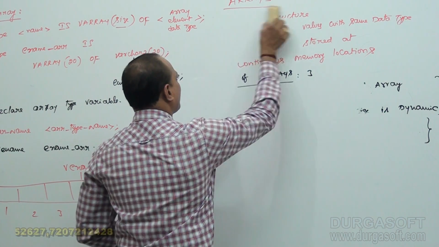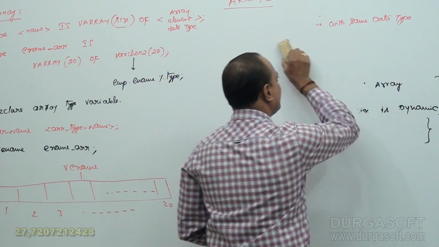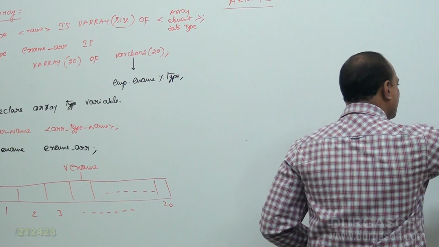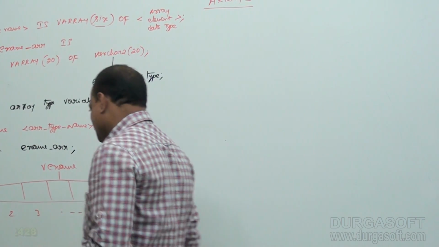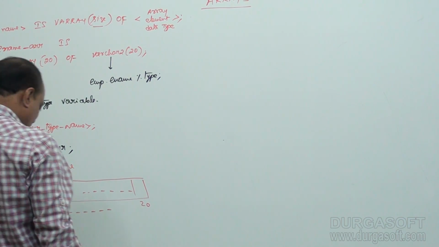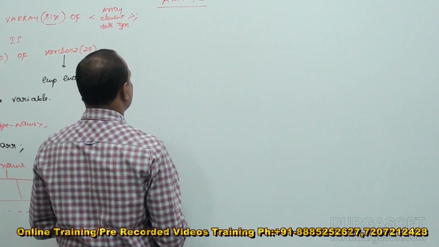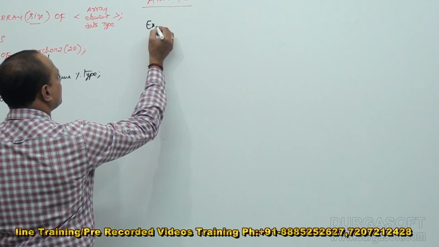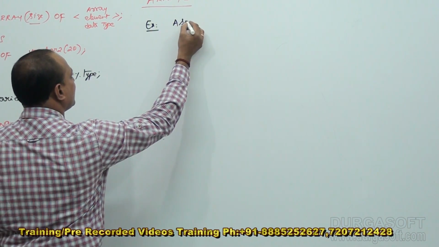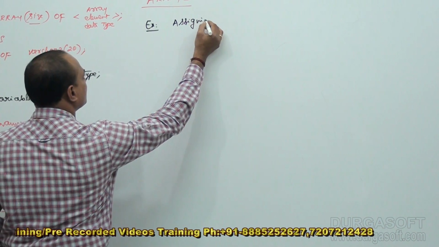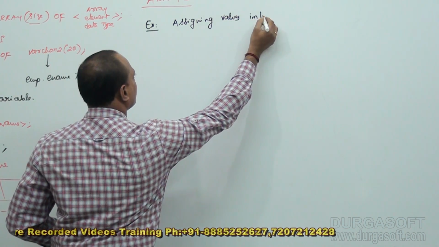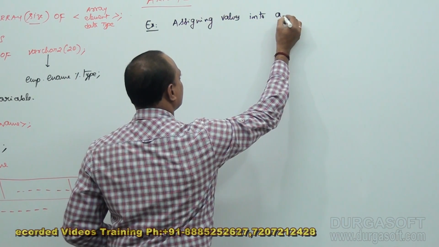Okay, structure of V array definition is over. Now declaring variable is also over. How can I store the values? Yes, you can store the values like this. I am storing the values. Assigning values into array variable.